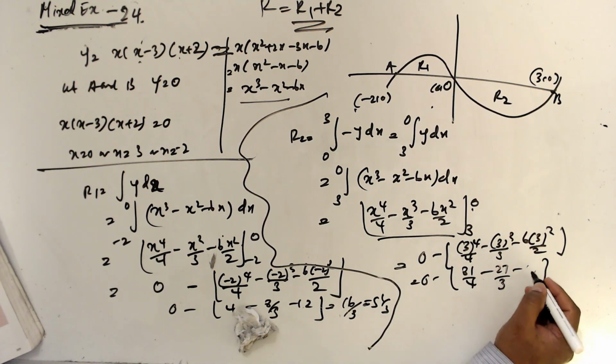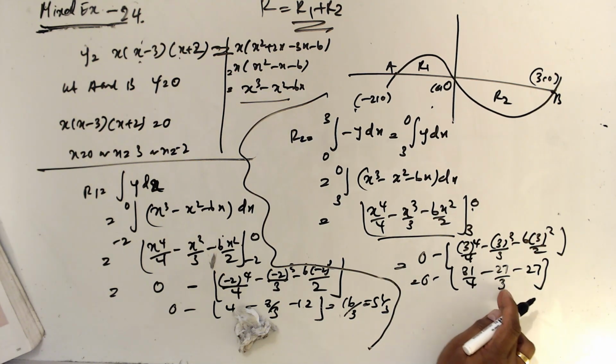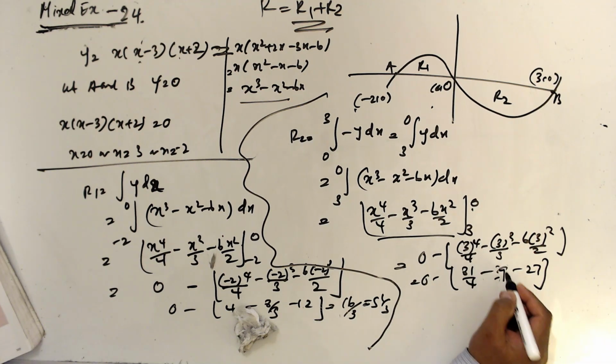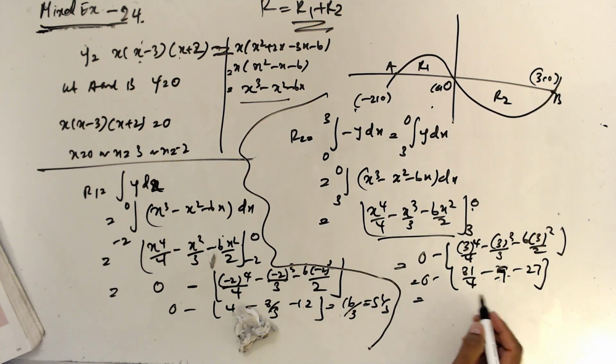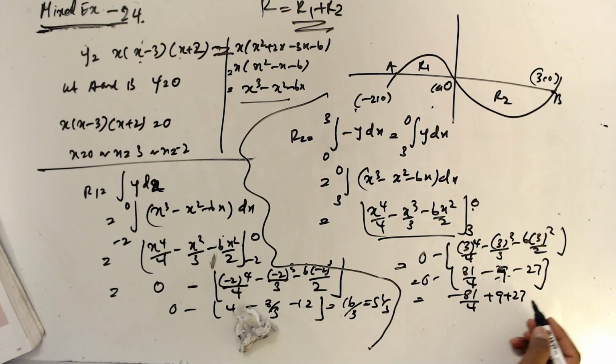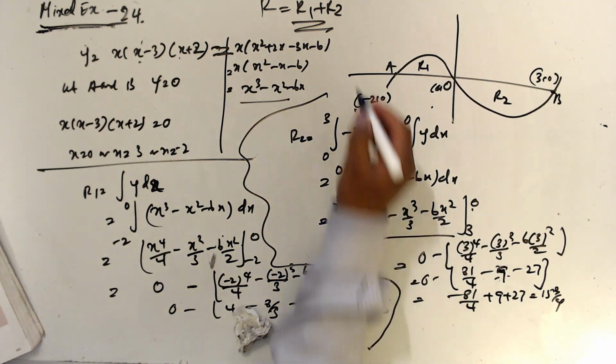This is 27. 27 divided by 3, that is going to be 9. And this is negative 81 over 4 plus 9 plus 27. So this is going to be 15 3 over 4.